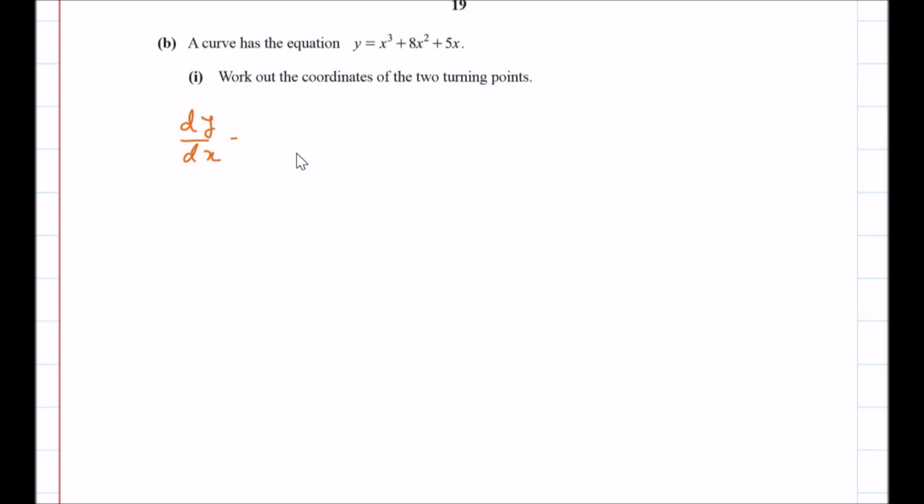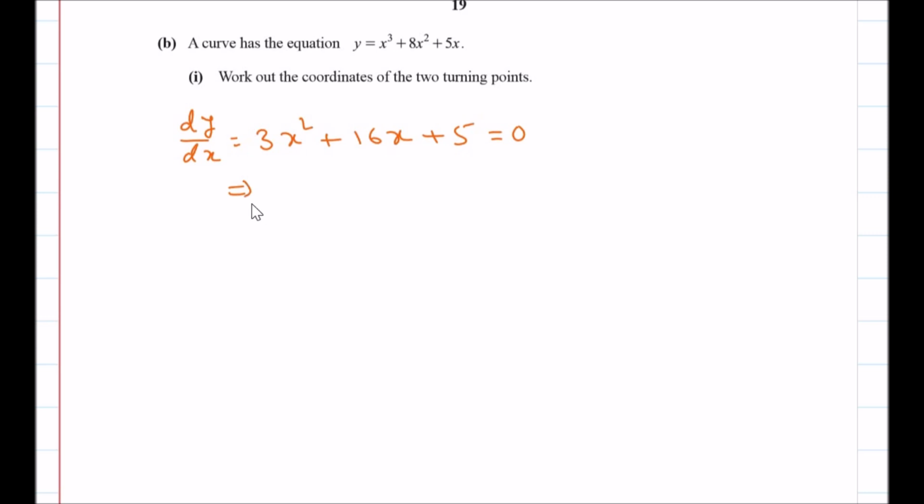So dy by dx is equal to 3x square plus 16x, because x square it is 2x, so 8 to 16x, plus 5. So we got dy by dx equal to this, and dy by dx should be equal to 0 at turning point. So put it equal to 0.